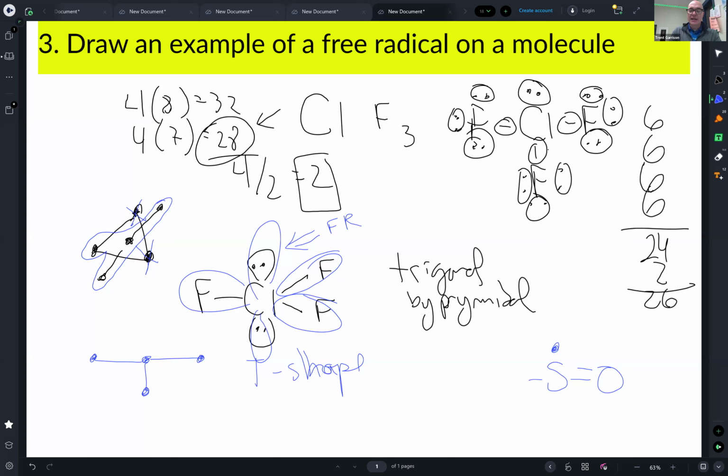Or if we were to have, say, just 1 electron over here, for some reason it ends up that we just have 1, that would also be a free radical, a place where there can be some bonding that occurs. So if we have an unequal number of electrons, that's a location where there's probably going to be some bonding wanting to occur to try and get itself to the correct stable octet.